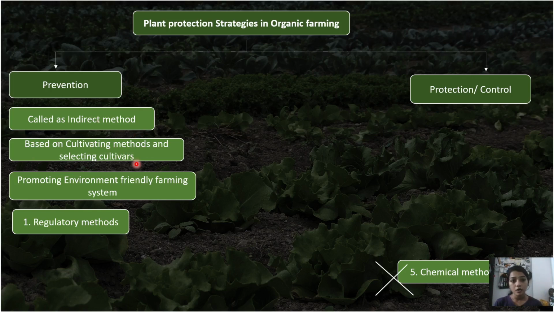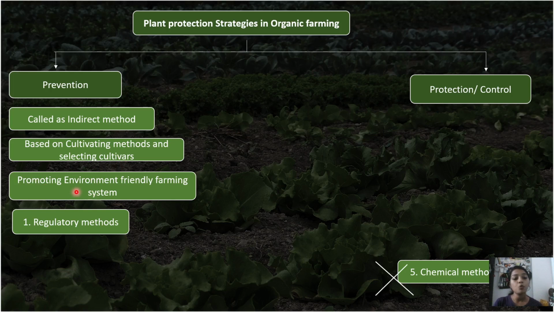Such methods are basically based on cultivating methods and selecting cultivars. So how can we prevent diseases? By using certain cultivating methods. We can use various kinds of cultivation methods by which we can stop the disease from entering our field. Likewise, we can use selective cultivars, like cultivars that are resistant, or plants that suit a particular location. So we should choose the plants very wisely to stop the disease from entering the field, right?